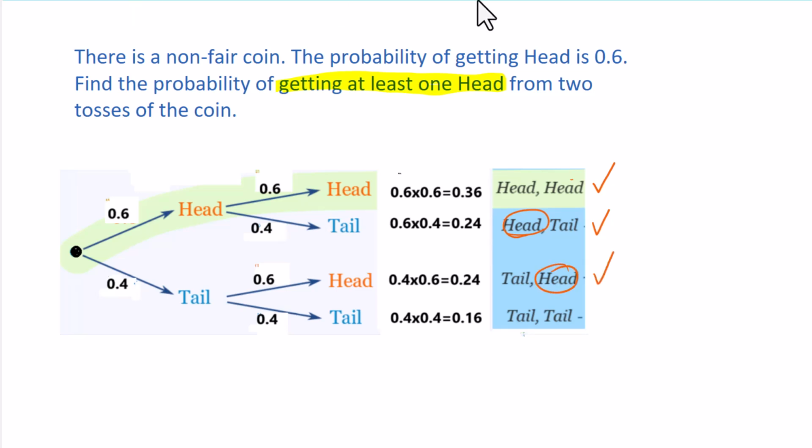Therefore, we need to add 0.36 plus 0.24 plus 0.24, which equals the probability of getting at least one head. 0.36 plus 0.24 plus 0.24 equals 0.84.